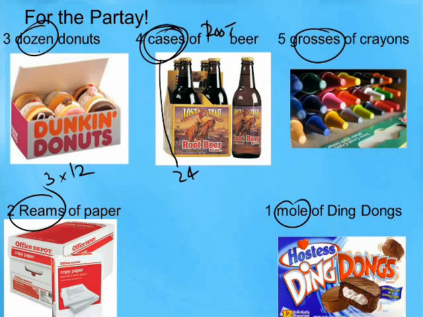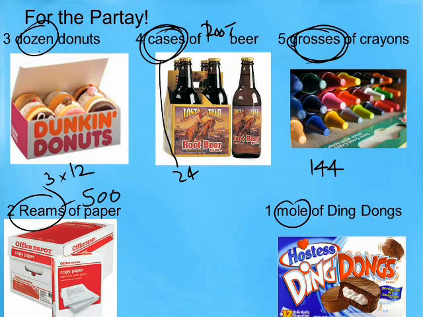So if you have a case of root beer, you have 24 bottles. A gross is 144. So if you have a gross of crayons, you have 144 crayons. 5 grosses of crayons would be 5 times 144. A ream is 500 sheets. So 2 reams would be 1,000 sheets.